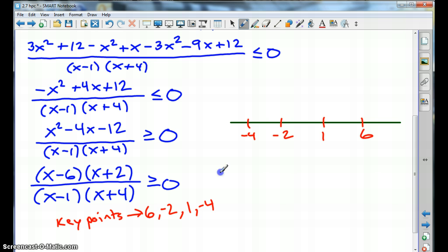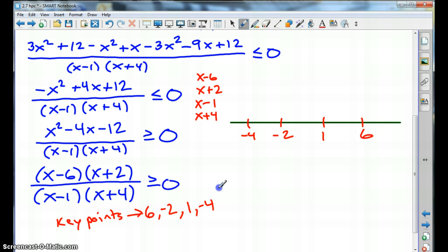All that matters is that it is, in fact, in order. The next thing I'll do is list all the factors. x minus 6, x plus 2, x minus 1, and x plus 4. They all need to be listed in a format similar to what I've done. You'll notice that I've included the factors both in the numerator and denominator.